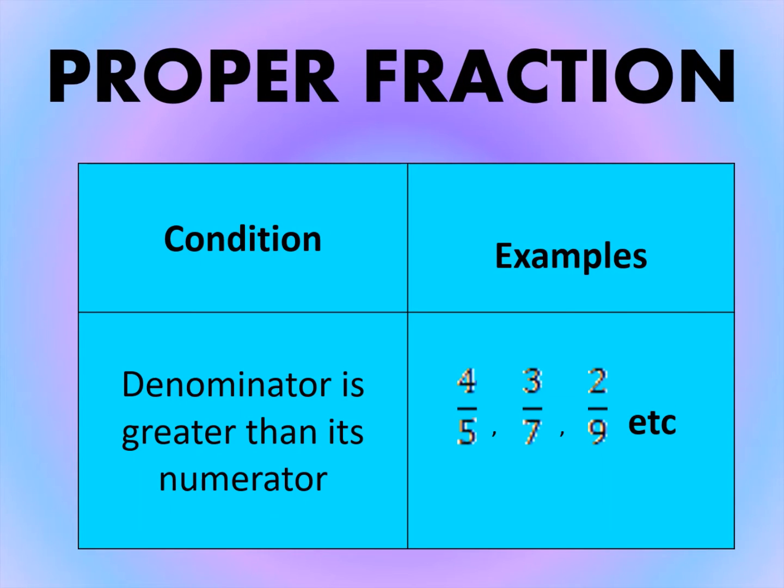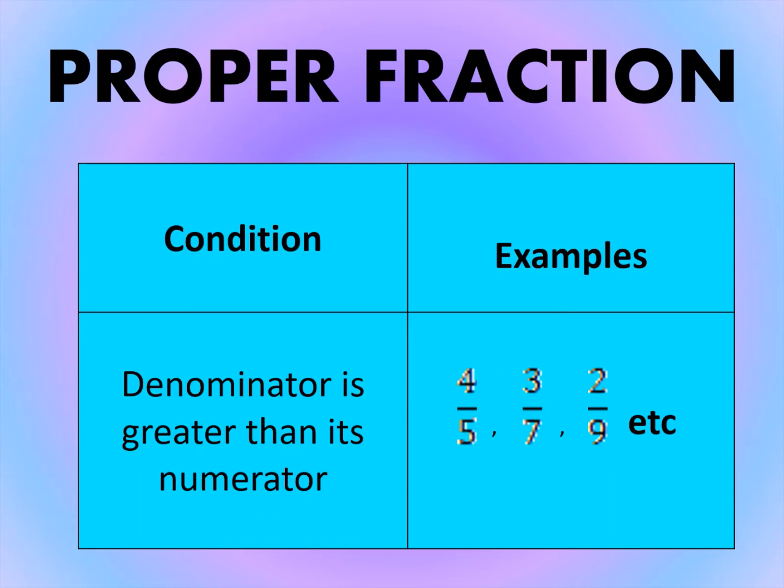Now students, let us look at proper fraction. The condition of a proper fraction is that the denominator is greater than the numerator. Means the number downside is bigger and the upside number is smaller.